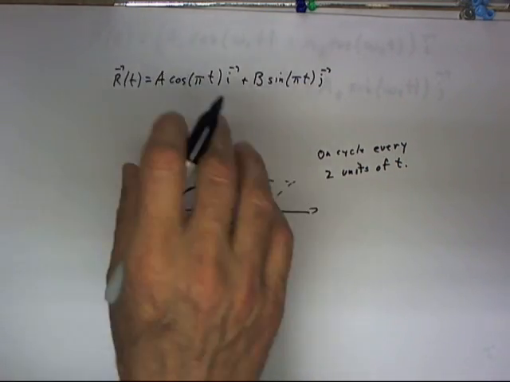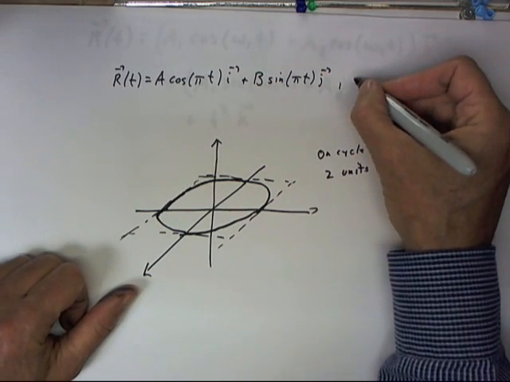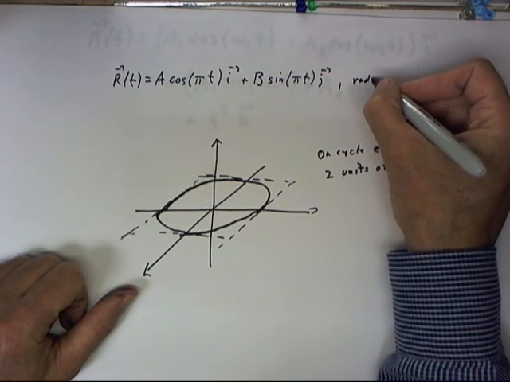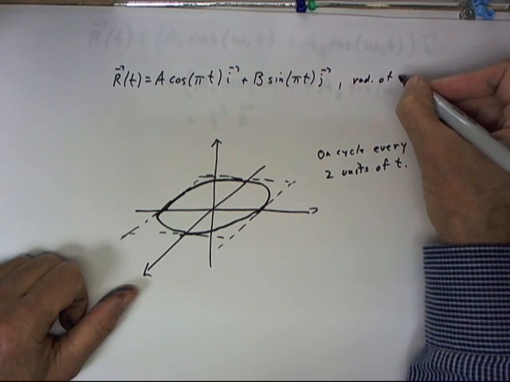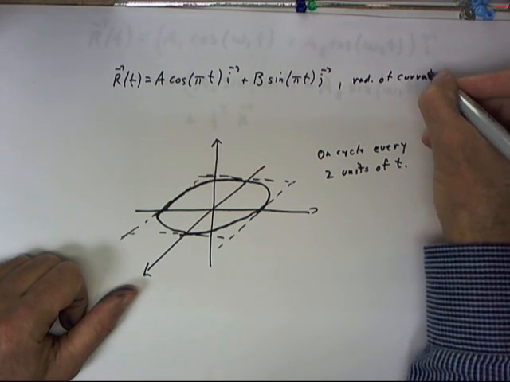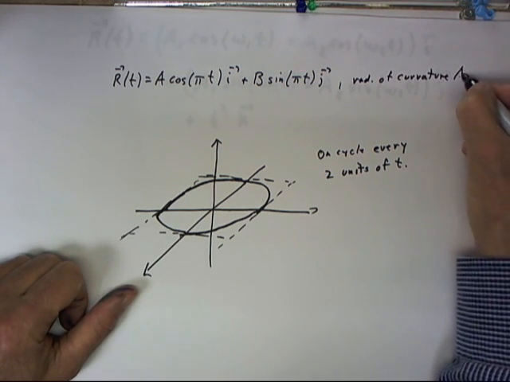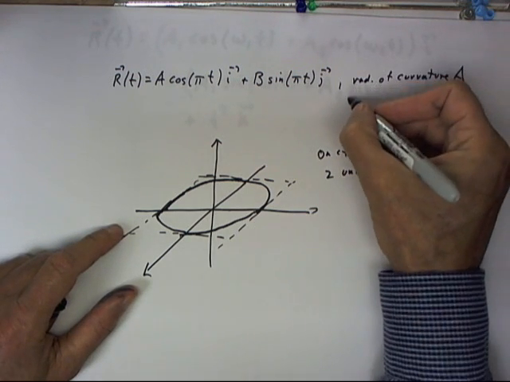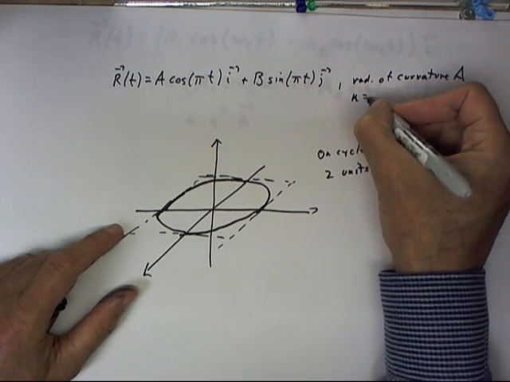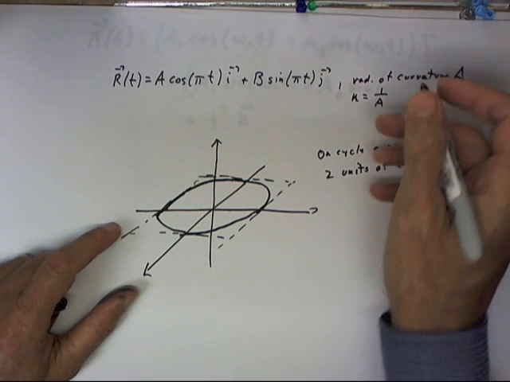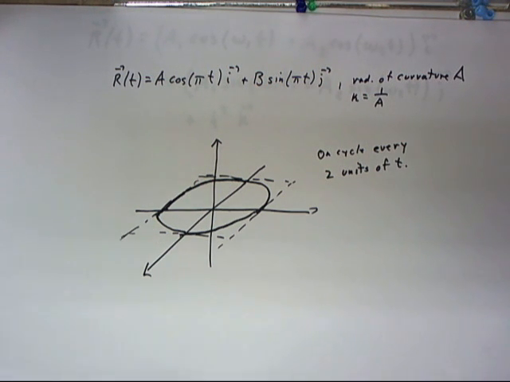This one had a very simple radius of curvature. Radius of curvature is just a, which is the radius of the circle. Curvature is 1 over a, the reciprocal of the radius.